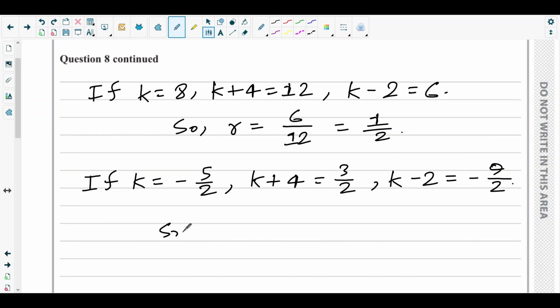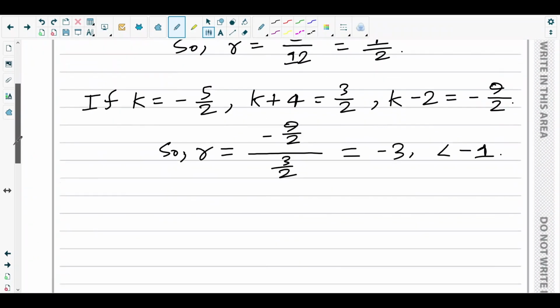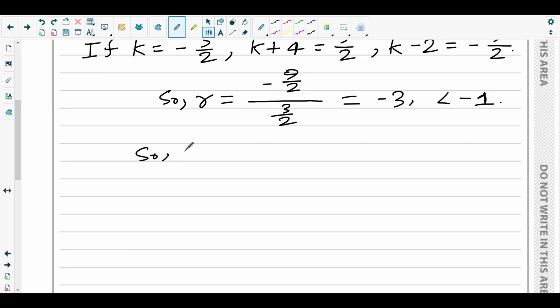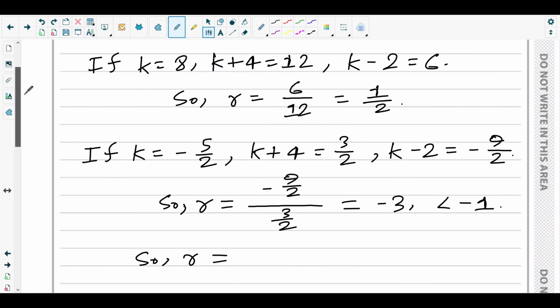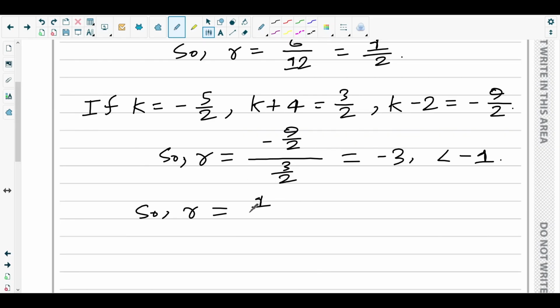The common ratio r is negative 9 over 2 over 3 over 2, which gives negative 3. Negative 3 is less than negative 1, and for a convergent series the modulus of r should be less than 1. So half is the common ratio.